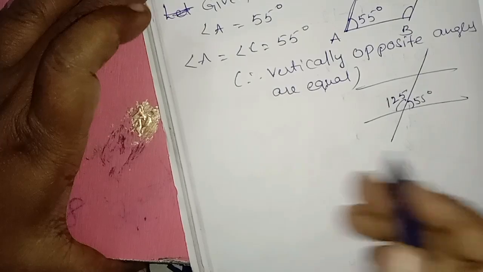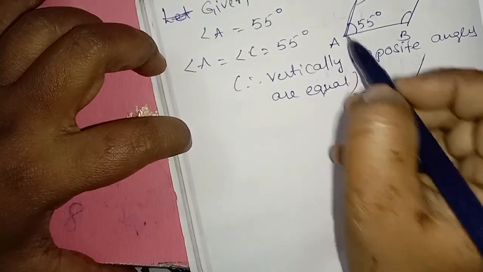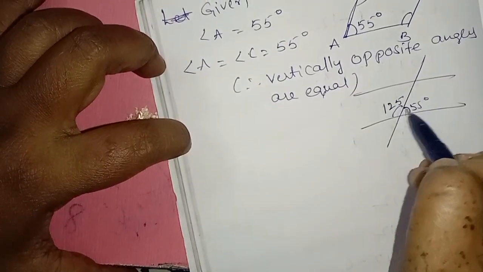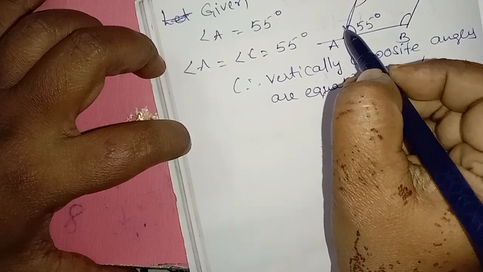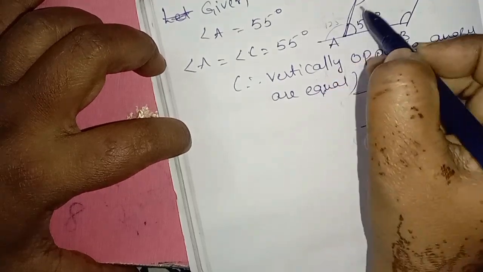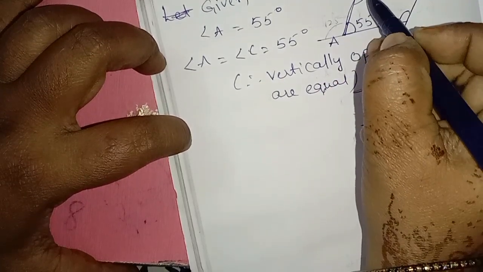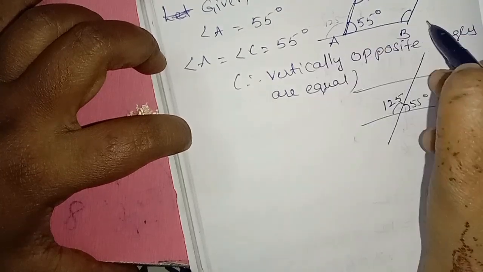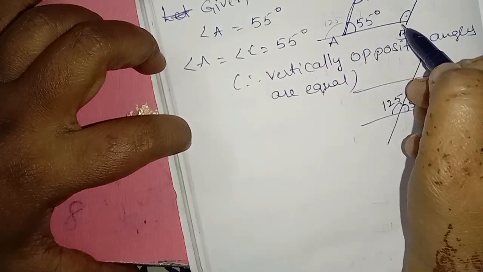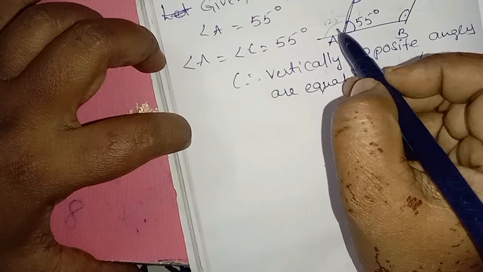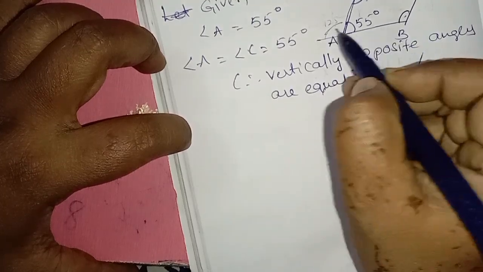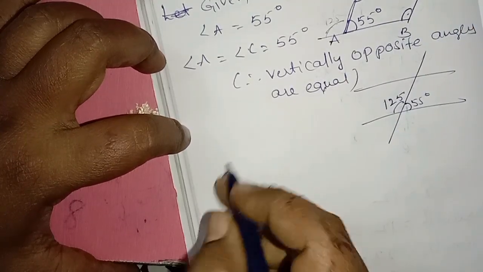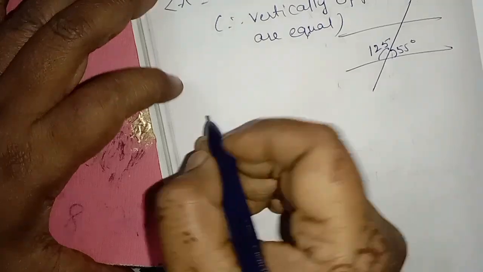Next, from this, if it is 55, the other is 125. Suppose if you extend this line, it will become 125. Alternate angles, D also 125. If D is 125 degrees, B also, vertically opposite angles are equal. Corresponding angles are equal.